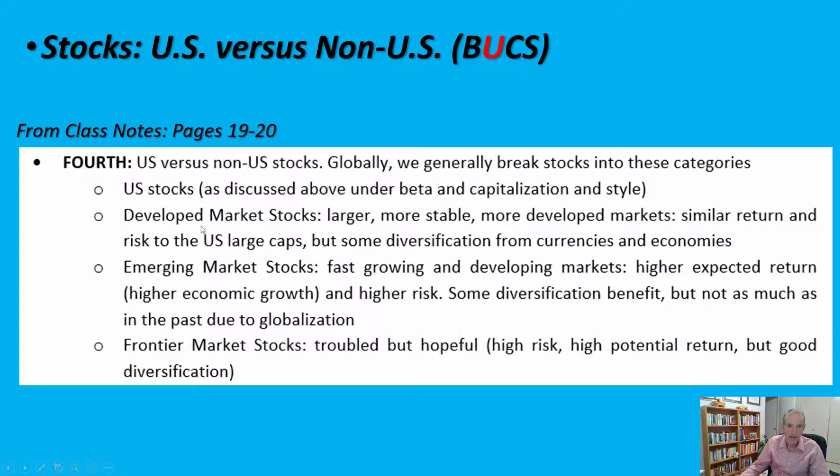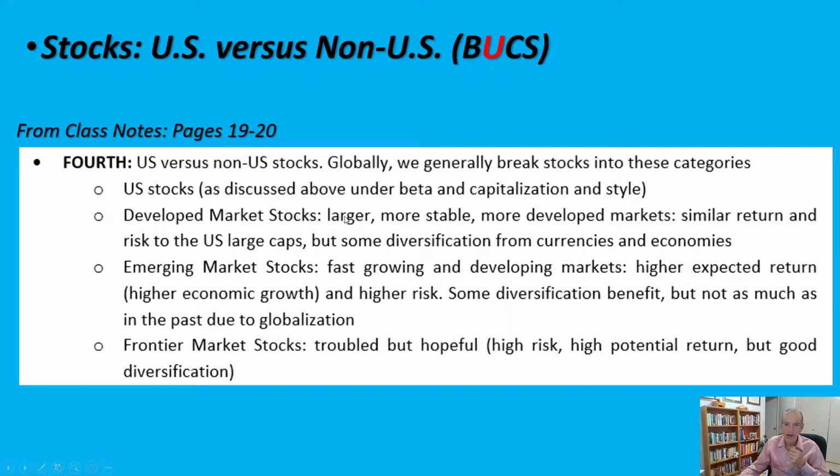International stocks have three categories: developed market stocks, emerging market stocks, and frontier market stocks. And the key here is it comes back to, in the U.S. stocks, we can break them between beta, capitalization, and style. You can do that with these other markets as well. Developed markets are more and more getting broken out by beta, capitalization, and style.